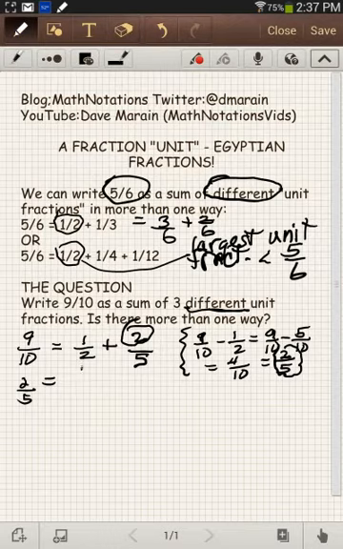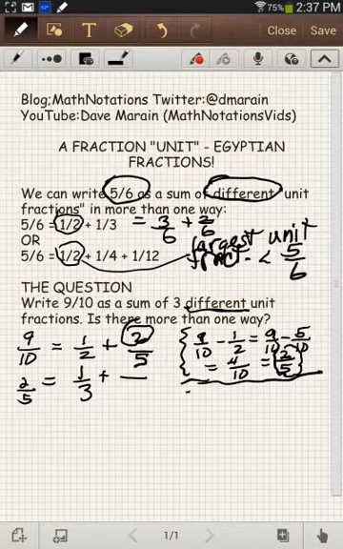Let's go to 1/3. That would be the next larger unit fraction after 1/2. We go to a denominator of 3. Let's see what we need to add on. This time we'll do some subtraction, off to the side. 2/5 minus 1/3.